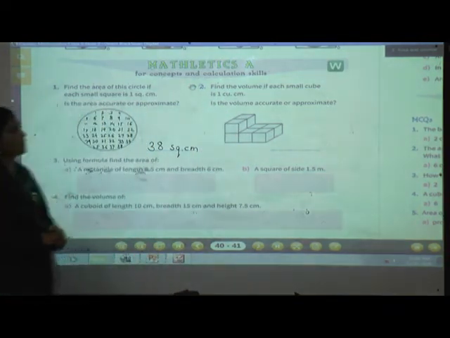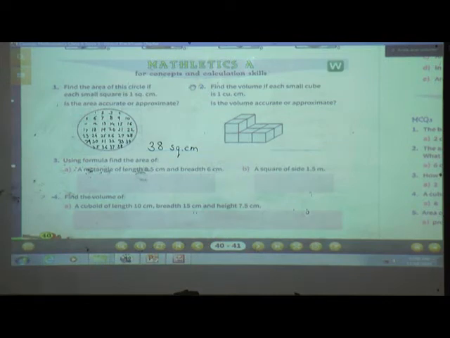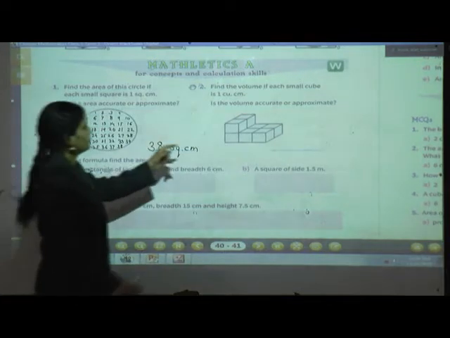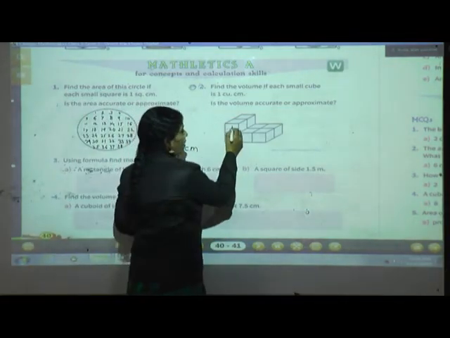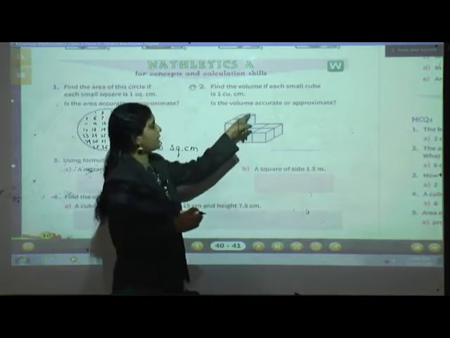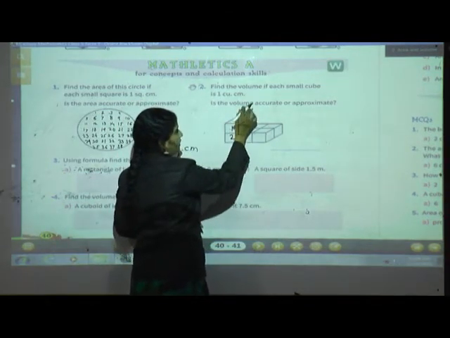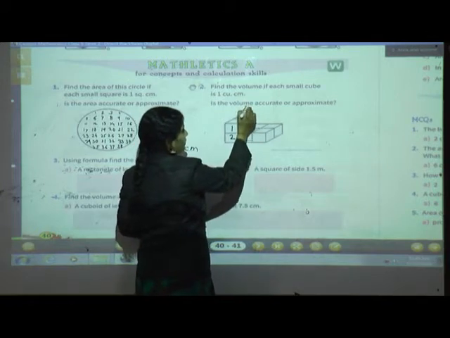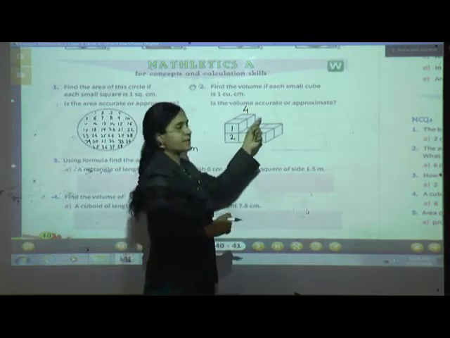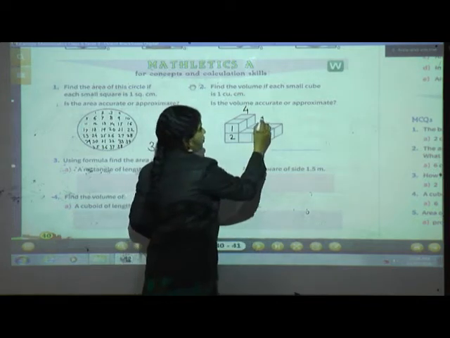Yes, students. Now count the cubes. Here 1, 2, even back side also 2 cubes. That's why this will make 4. Now here 1 and back side also 1. So 2 cubes.